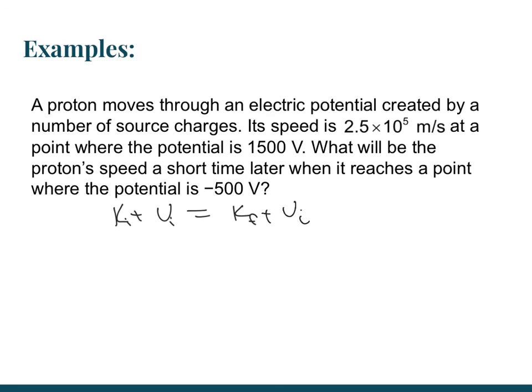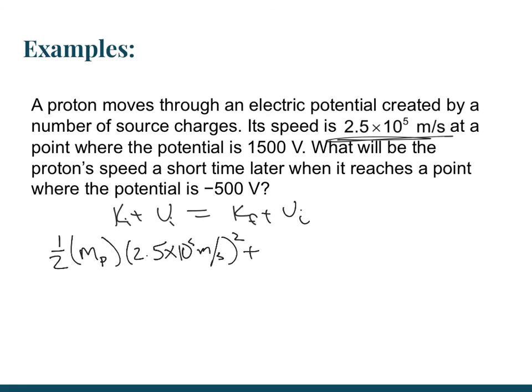So our initial kinetic energy is based off of this speed. And we know kinetic energy is 1/2 mv squared. So we need the mass of a proton. I'm not going to go Google it right now. So we're going to put mass of proton times the velocity squared, 2.5 times 10 to the 5th meters per second squared, plus the potential energy of the particle.